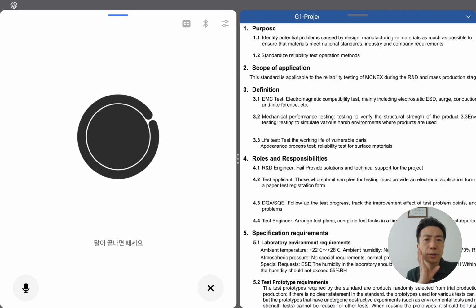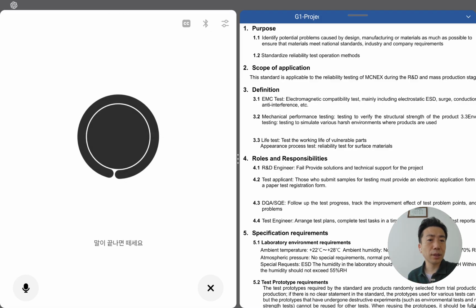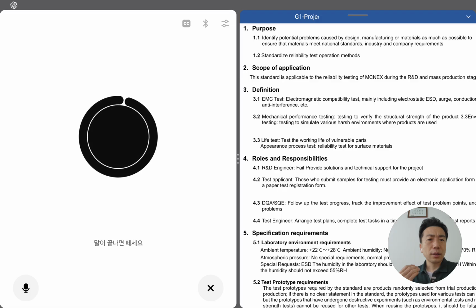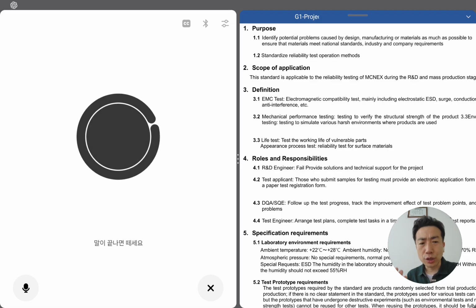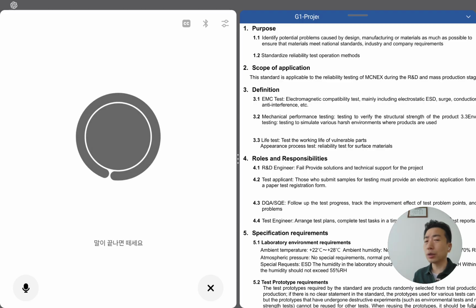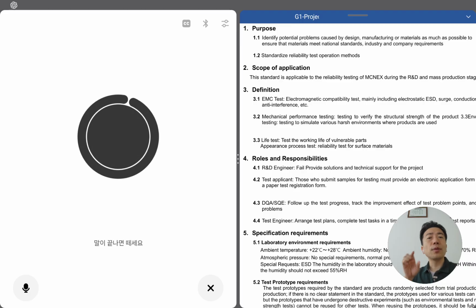GPT, I'm not sure the definition of 3.3 part is good. I think texture or finish is a better word instead of surface. Do you agree with that?